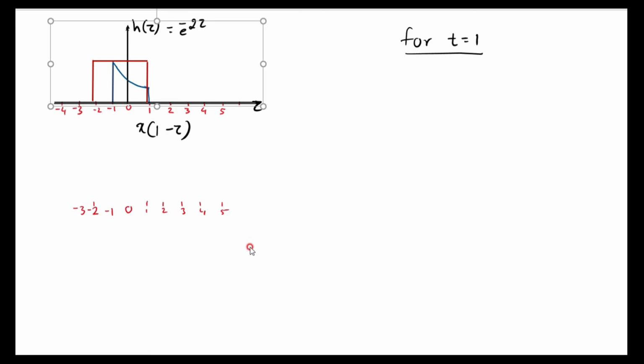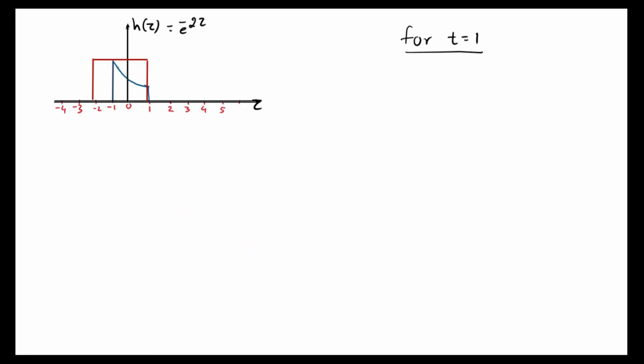Here we can see that from minus 1 to 1 the signals are overlapped. Therefore, now I can find y of 1 is equal to integration. The lower limit is minus 1 and the upper limit is 1, because from minus 1 to 1 h of tau and x of tau signals are overlapped.